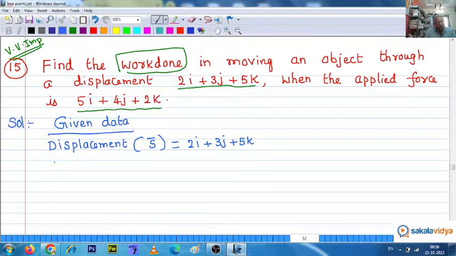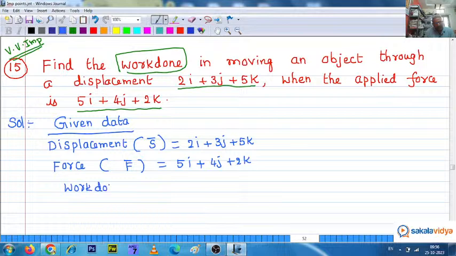Next, the applied force F bar is equal to 5i plus 4j plus 2k. Next, the work done you need to find out. Work done W is equal to question mark.